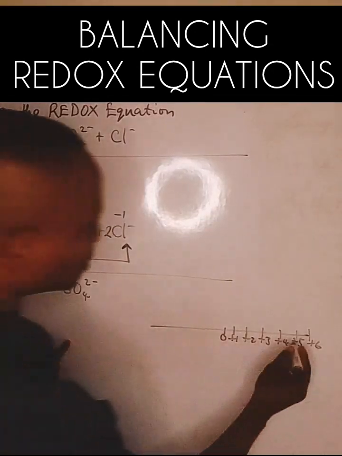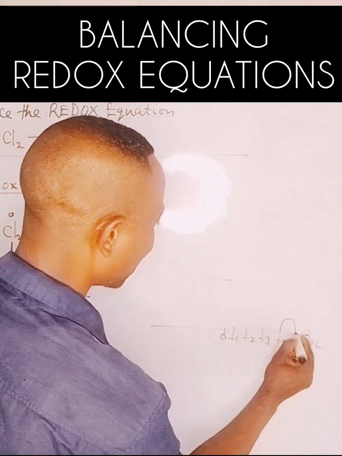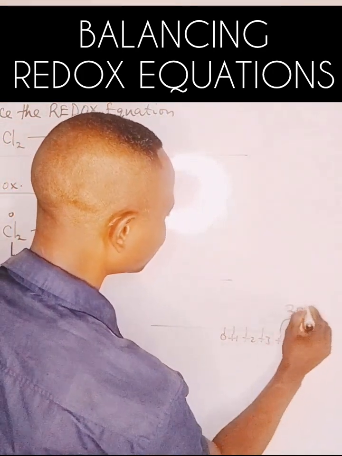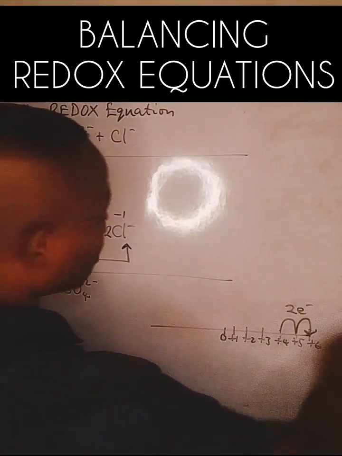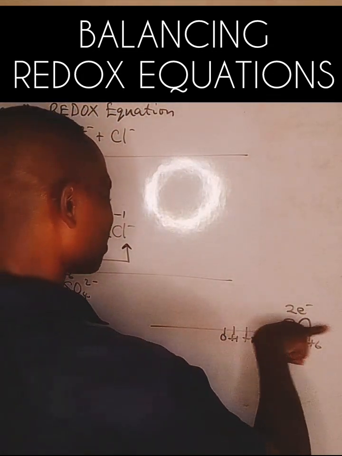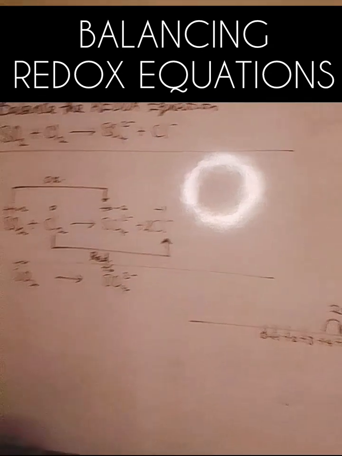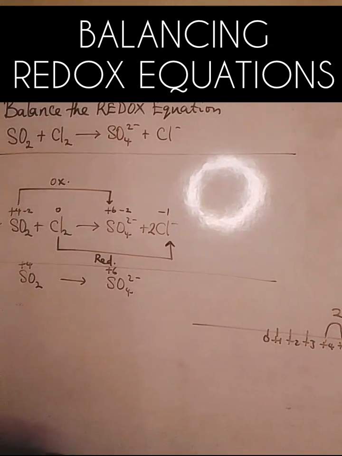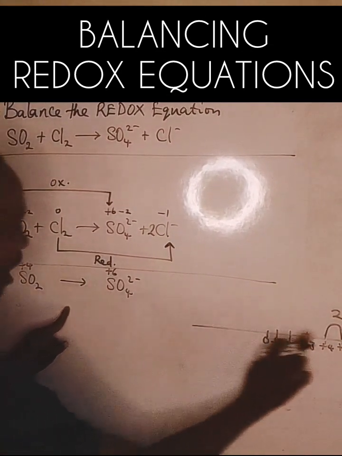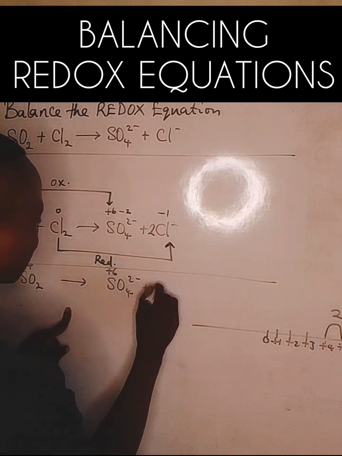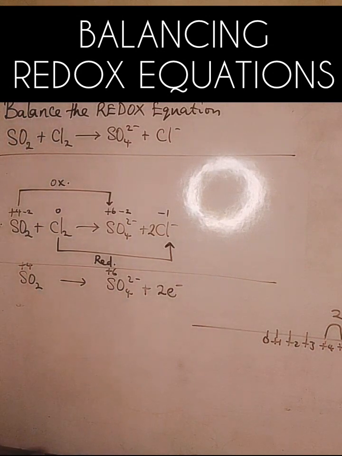From +4 to +6, 1, 2 electrons lost, because the arrow is pointing to the right. So you are going to write 2 electrons at the right hand of the equation. So let's go back. We are going to write 2 electrons at the right.